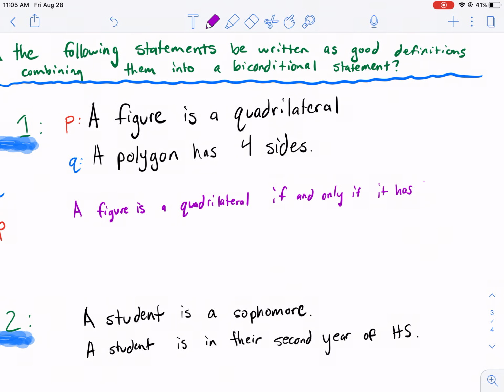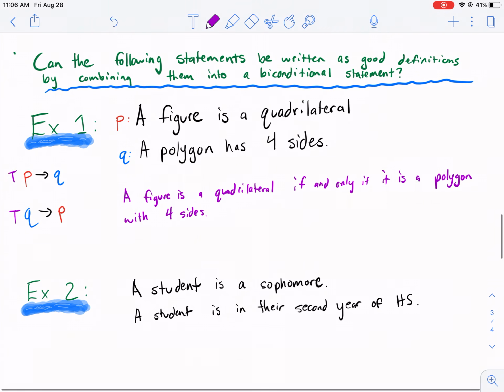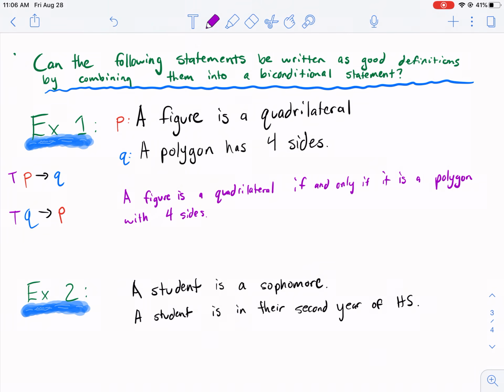Or how about I change it? Because polygon's a little bit different than quadrilateral, if it is a polygon with four sides. A lot of times, these are just things you kind of have to add or subtract words. As long as the meaning is staying true, you're good, okay?